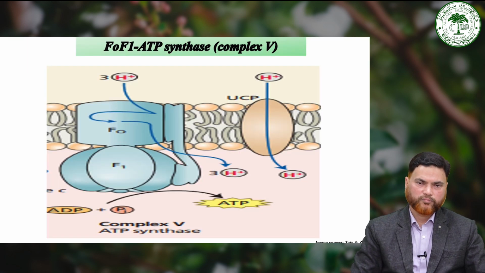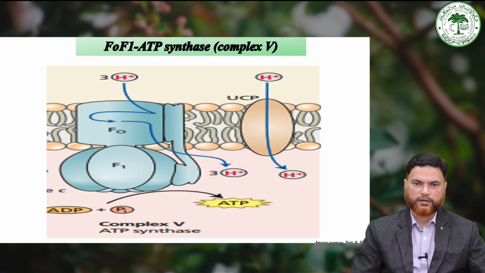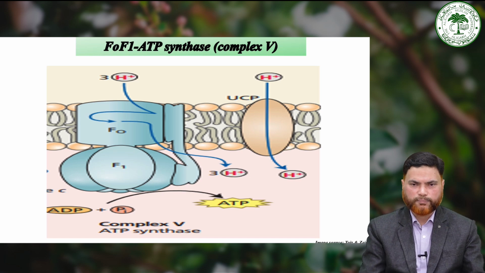Now, we have discussed the complexes involved in oxidative phosphorylation, which involves the transfer of electrons to oxygen through complex 1, 3rd and 4th. Basically, this electron transfer is coupled with synthesis of ATP from ADP and inorganic phosphate by F0 F1 ATP synthase or complex 5.